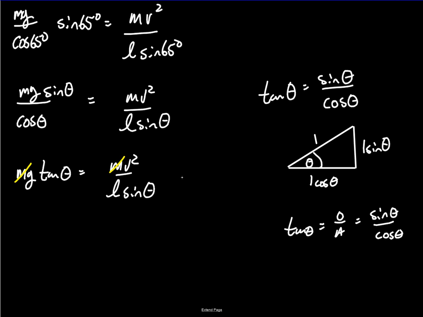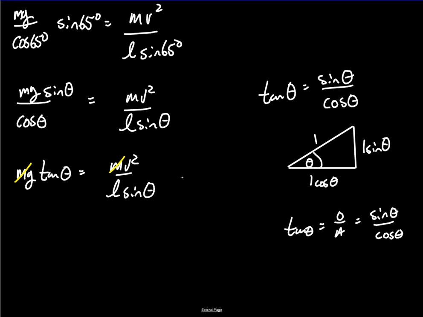Essentially what it means is the velocity and the length will dictate the angle that you're dealing with. Velocity and length dictate the angle. The actual mass at the end of the rope should not matter. So if you're going at a certain velocity, you should have a certain angle regardless of the mass that you put there.